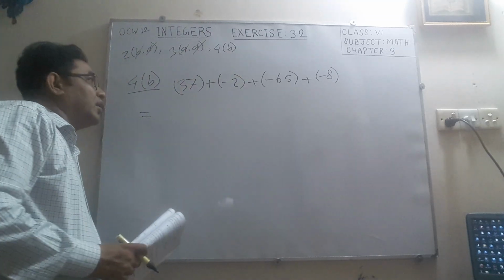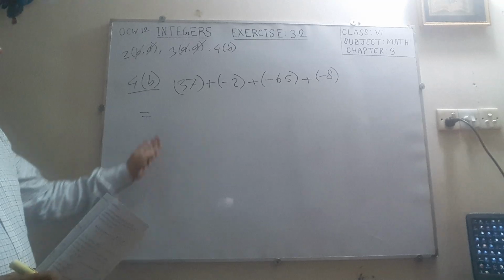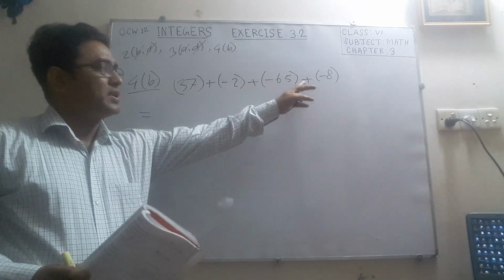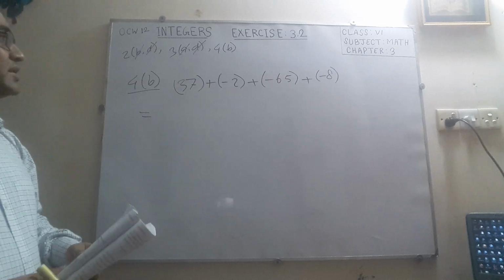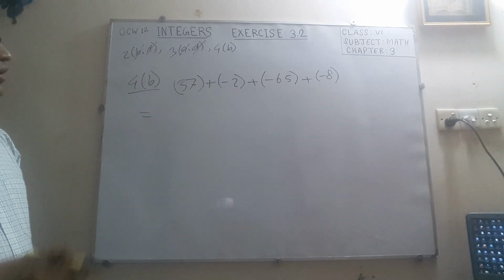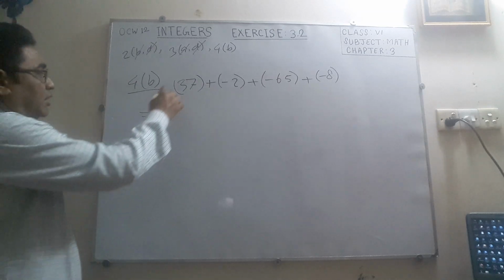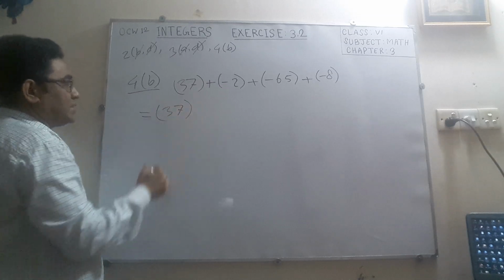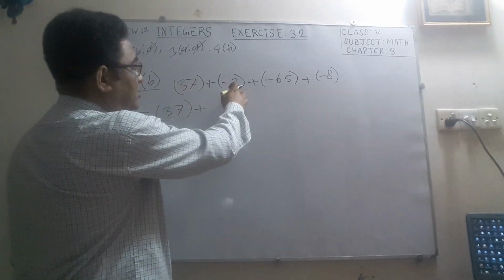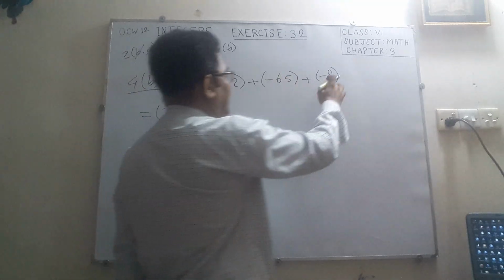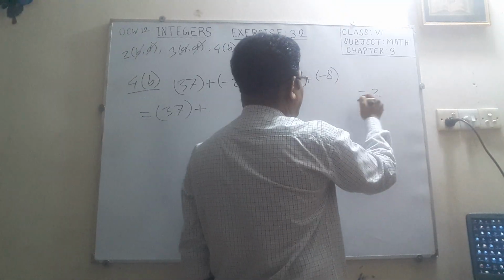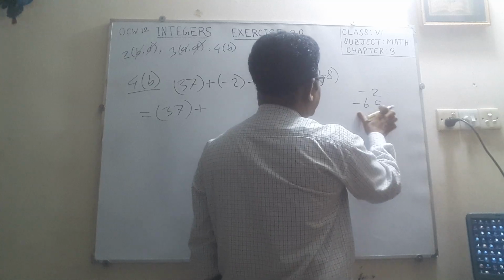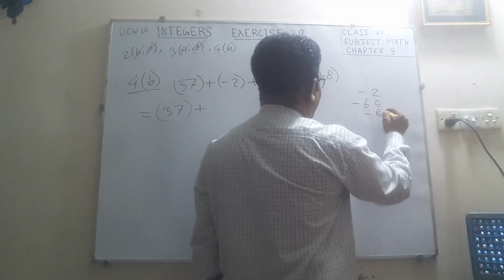So keep 37 on one side, plus minus 2, minus 65, minus 8.